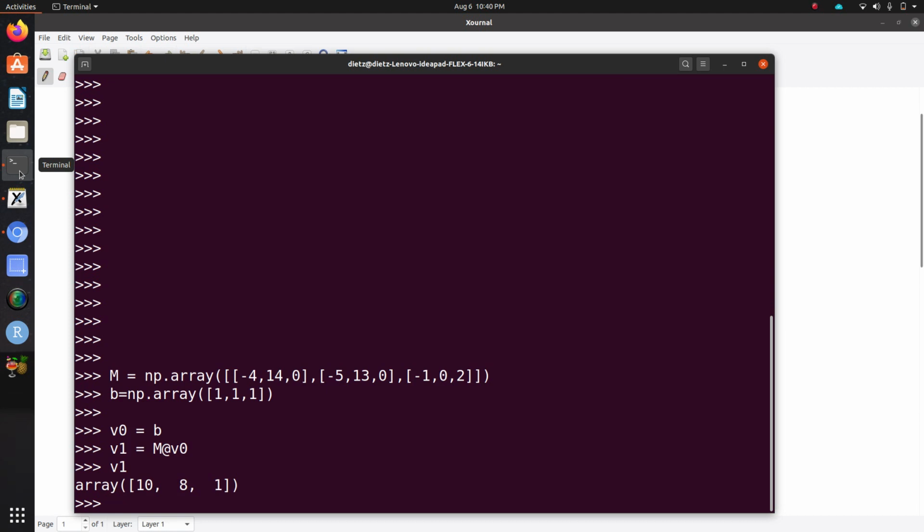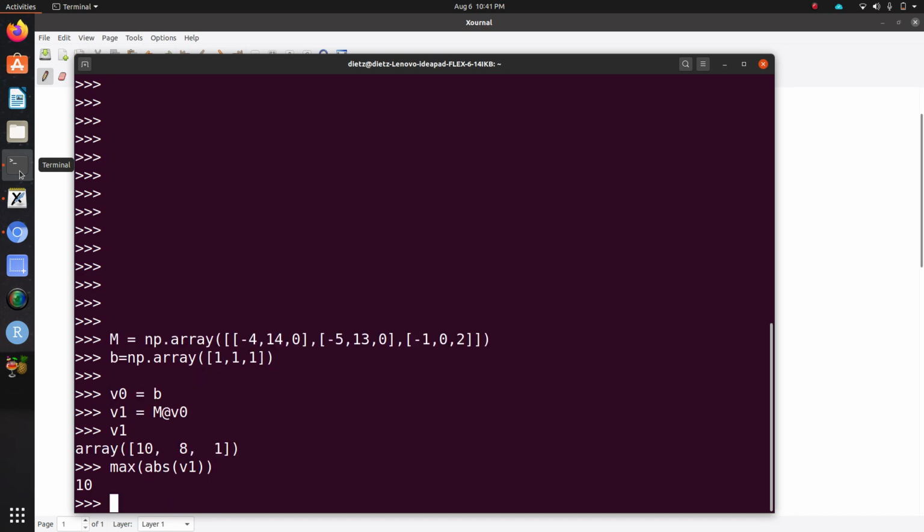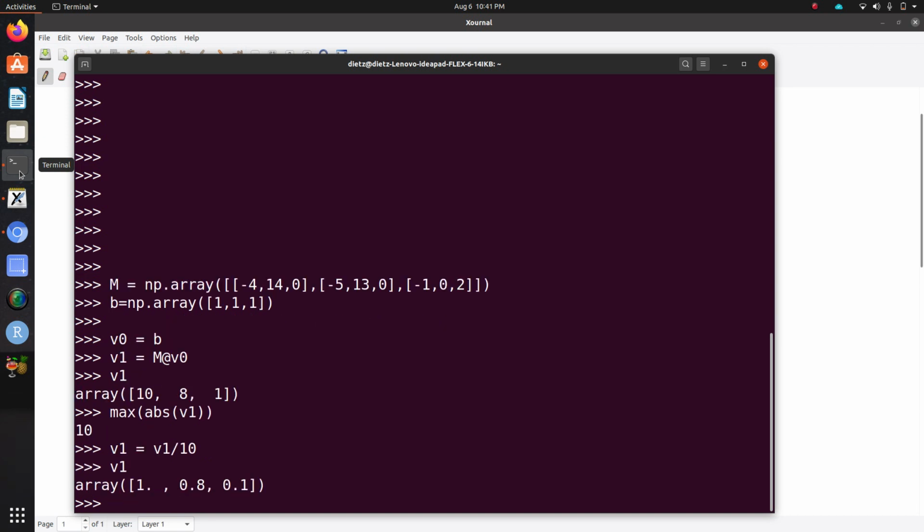So we're going to do some kind of scaling here, and there's different ways you can scale, but what we're going to be doing for this procedure is we're going to be scaling by the maximum of the absolute value of the resultant vector. So I'm going to scale by 10, right? So V1 is equal to V1 divided by 10, so that the maximum component will always be 1.